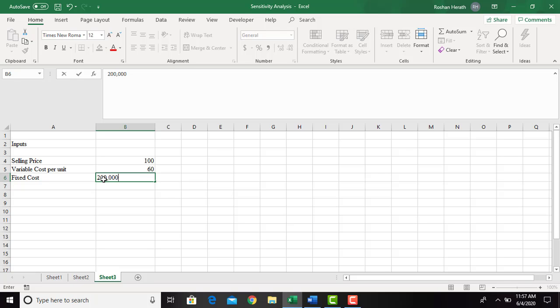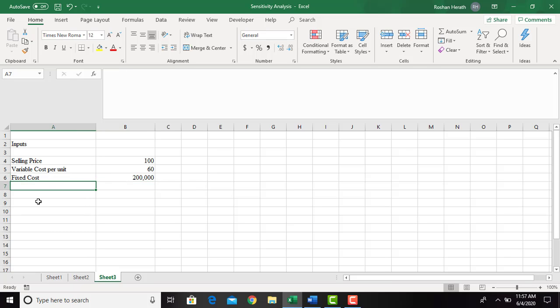And also, the monthly demand for your product, you can estimate to be, say, 15,000 units. Then depending on this information, I believe you can work out the monthly profit.